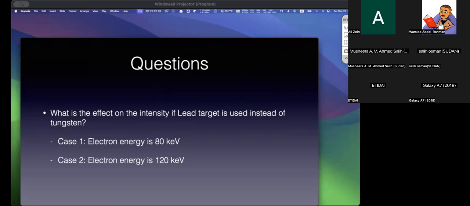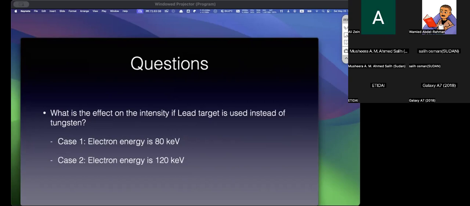What is the effect on the intensity if a lead target is used instead of tungsten? Imagine we had a tungsten target, and we're getting a certain spectrum. We integrate over that spectrum, then we get the intensity.